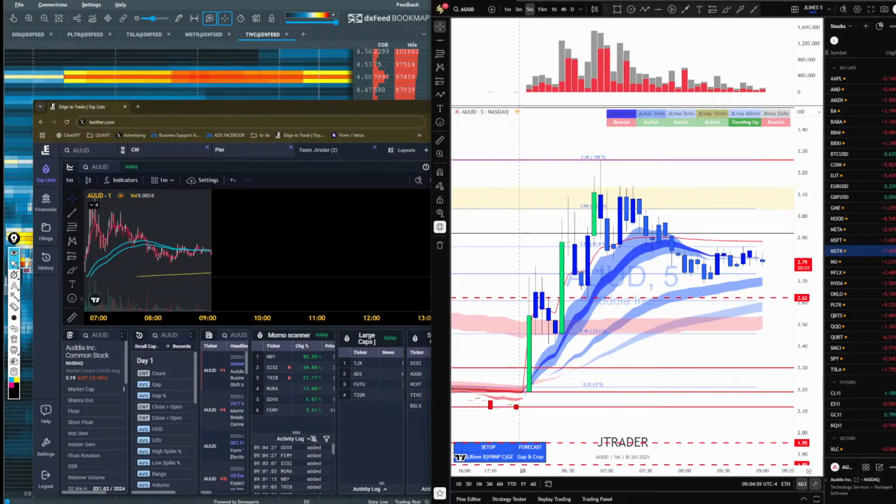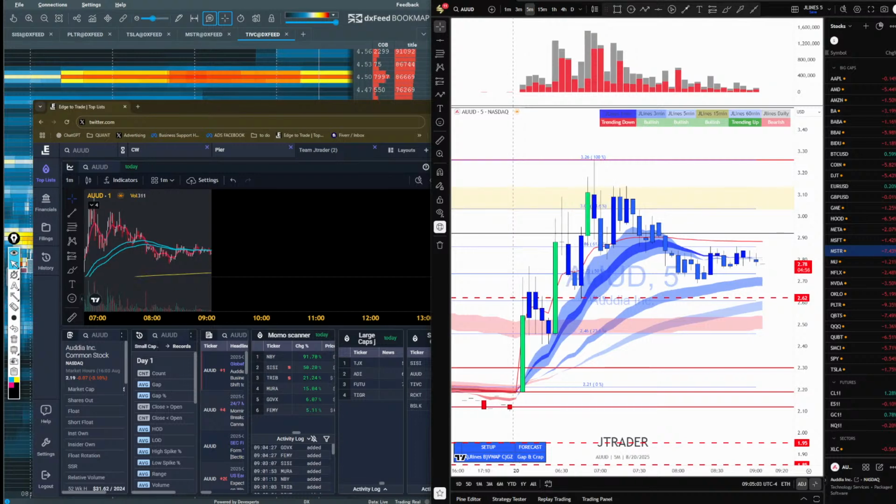Okay, guys. So I'm looking for ideally this short play. I'm gonna update our watch list over here. AUUD this morning, play a gap and crap.